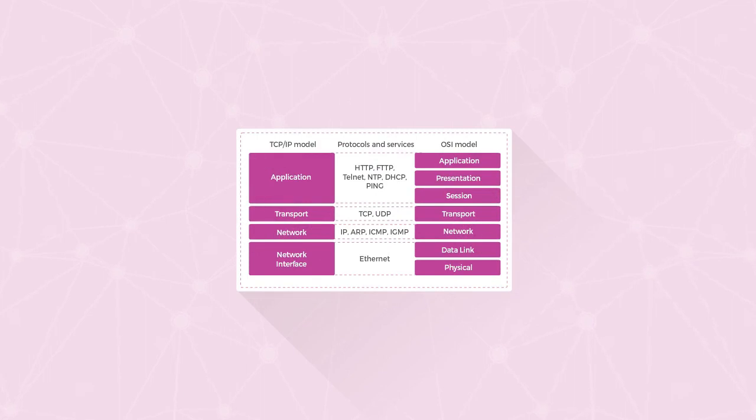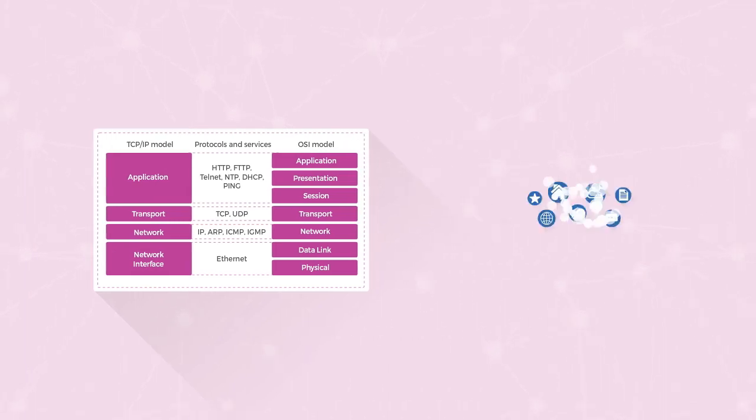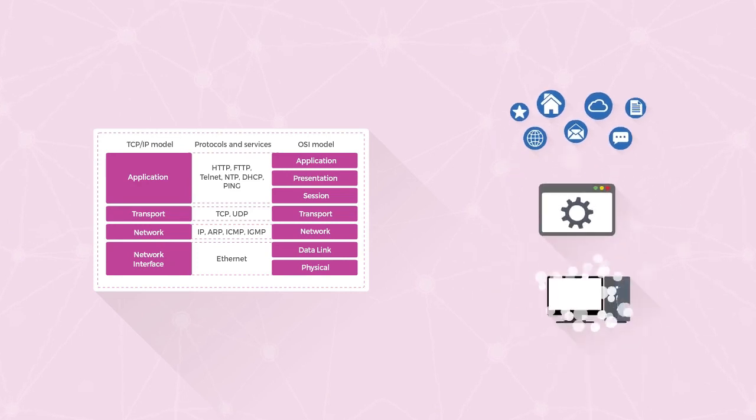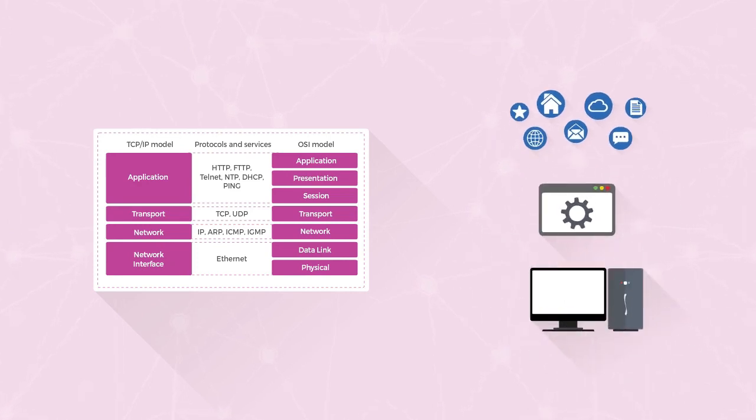Now, in terms of the architecture, we will certainly take a more detailed look at both of these models, the TCP/IP model and the OSI model. But they represent a means to develop protocols and applications and hardware that is independent of other components.